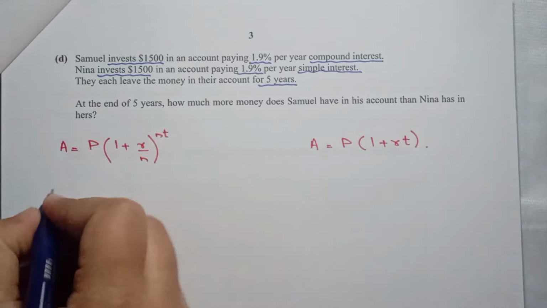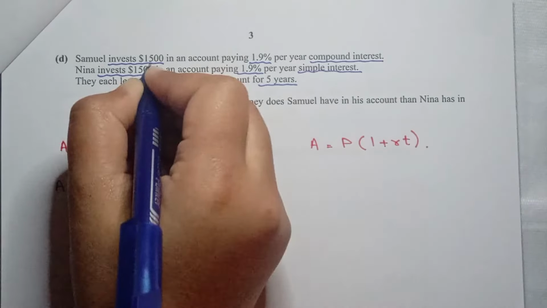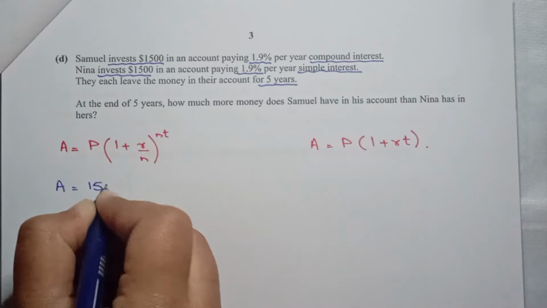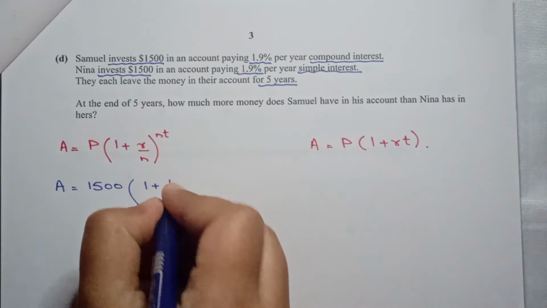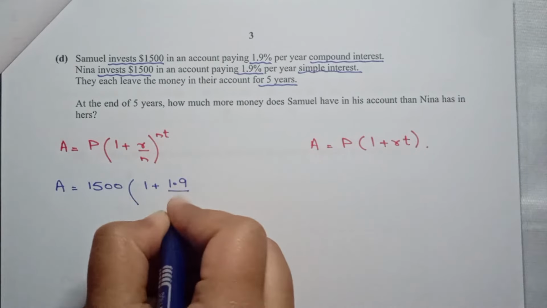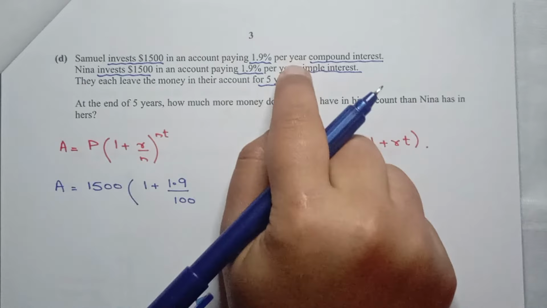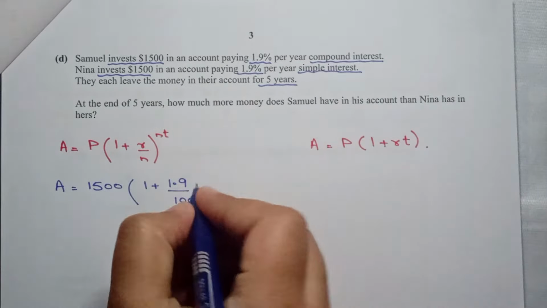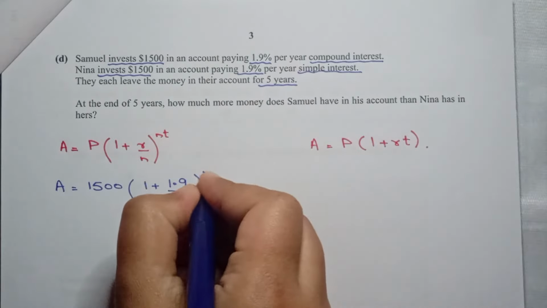Now we need to find both amounts. The principal, the investment for Samuel, is 1,500. R is the interest rate, that is 1.9%, so for percent we need to divide by 100. N is the compounding period, so for 1 year it is just 1. Again this n is 1 and t is the time in years, that is 5.